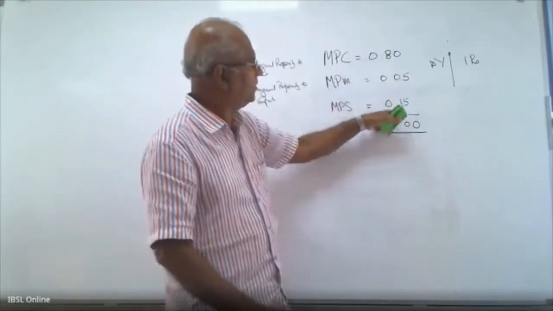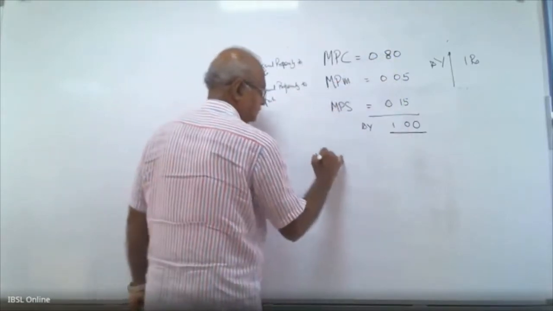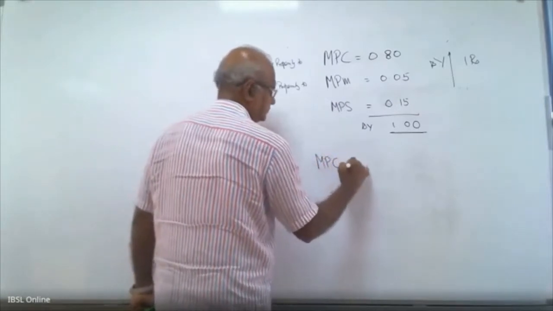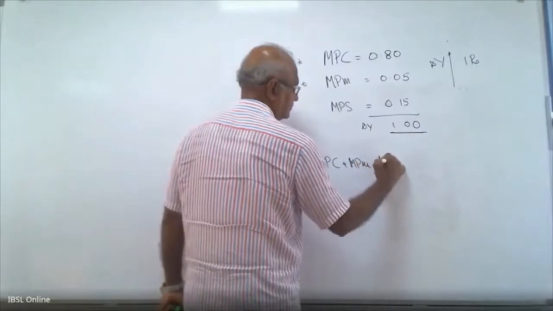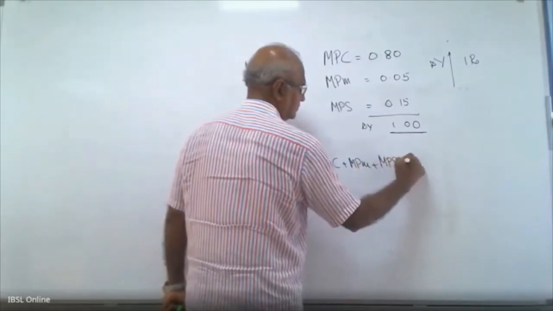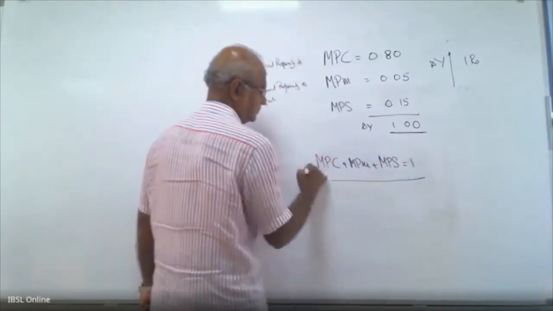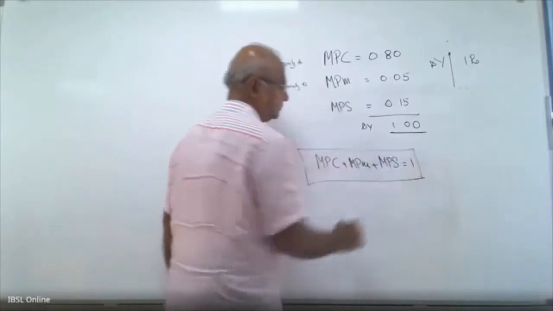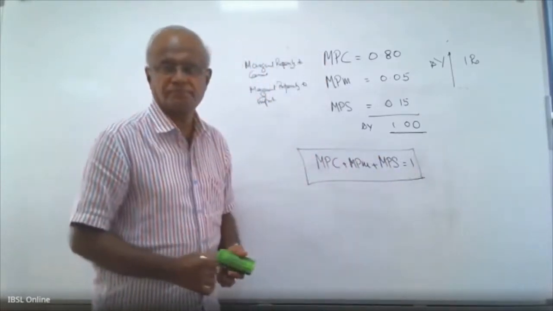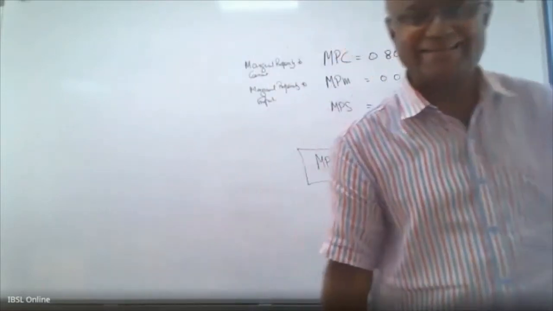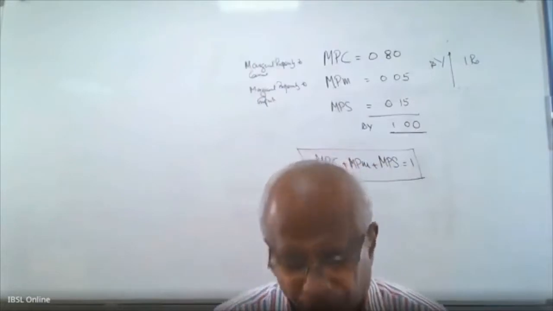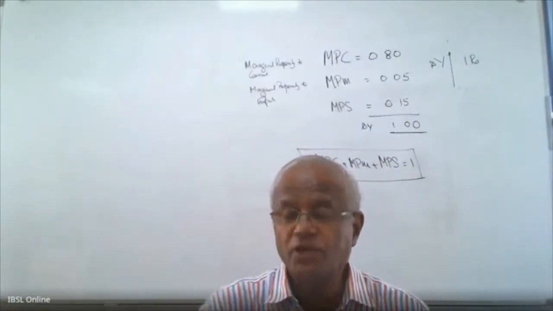MPC plus MPM plus MPS equals 1. Understand? That is the identity. The sum of the 3 marginal propensities equals 1.